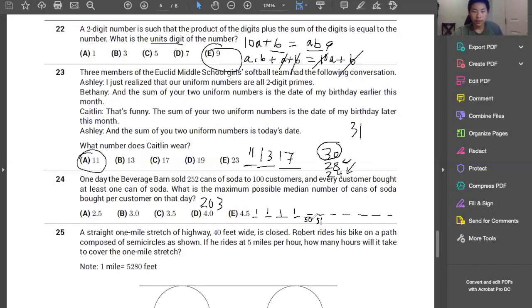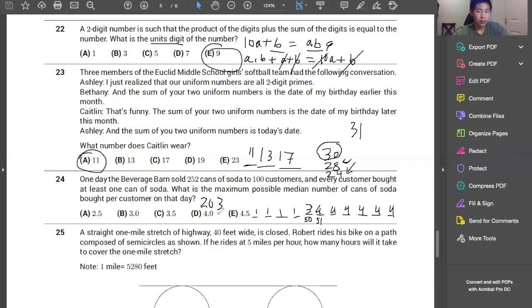Now, unfortunately, 203 is one less than 51 times 4. So that means that the 50th person would only get 3 cans, but everyone else would get 4. Because that would be 4 times 51 minus 1.